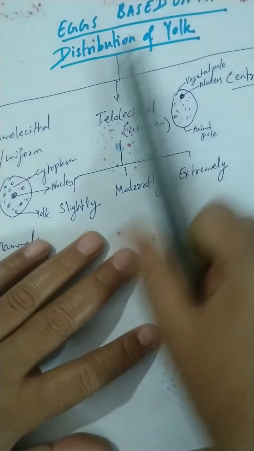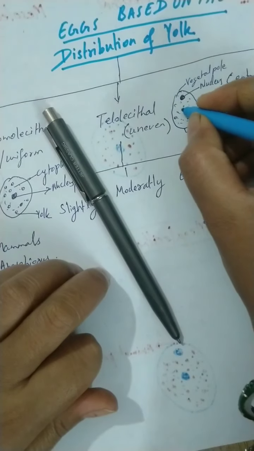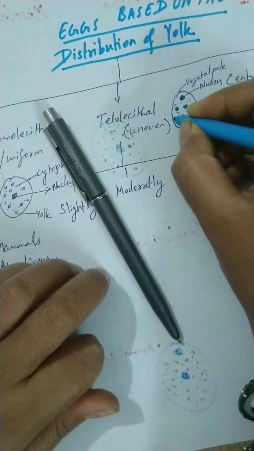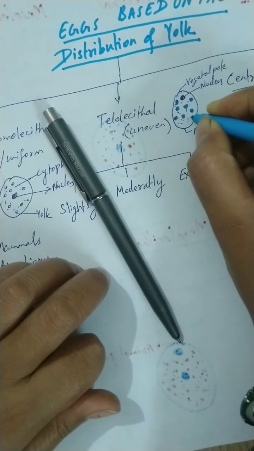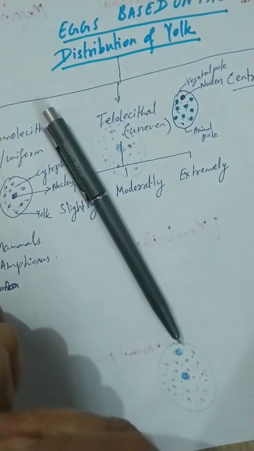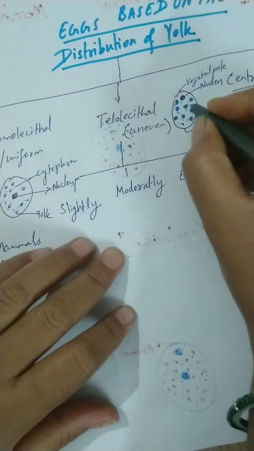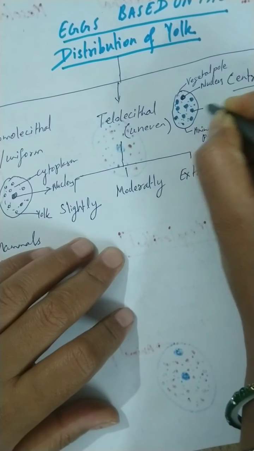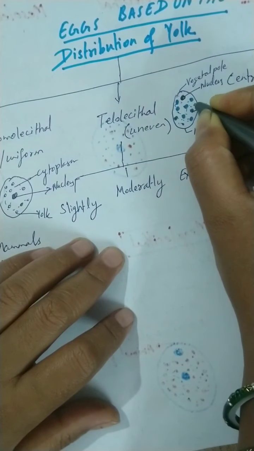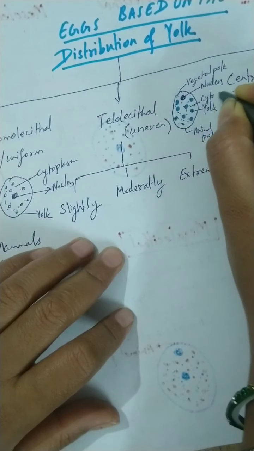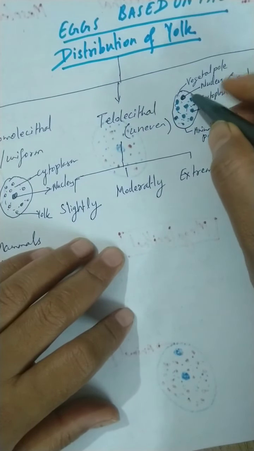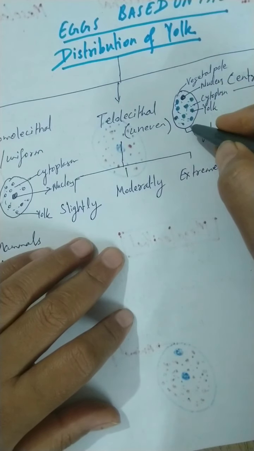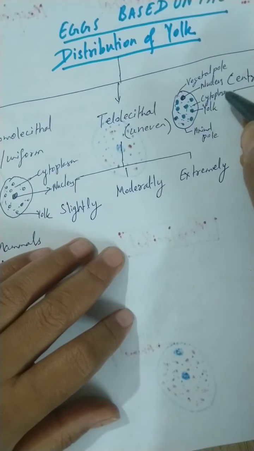And yolk is present, distributed throughout. This is the diagram of yolk. This is the cytoplasm. Here we can see that the nucleus is on one side of the pole, that is, toward the animal pole.